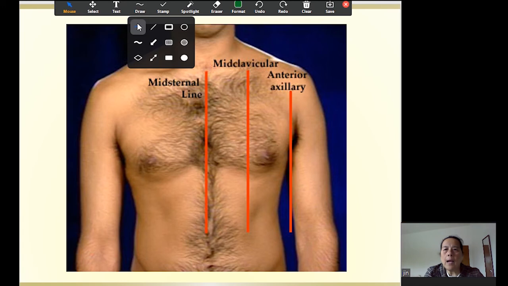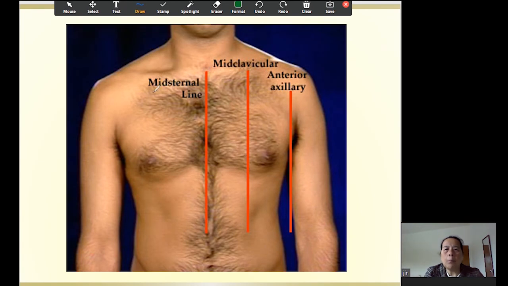Then we're talking about some lines. In the chest we have the middle sternal line, right in the center of the sternal bone. And also we're talking about the middle clavicle line.